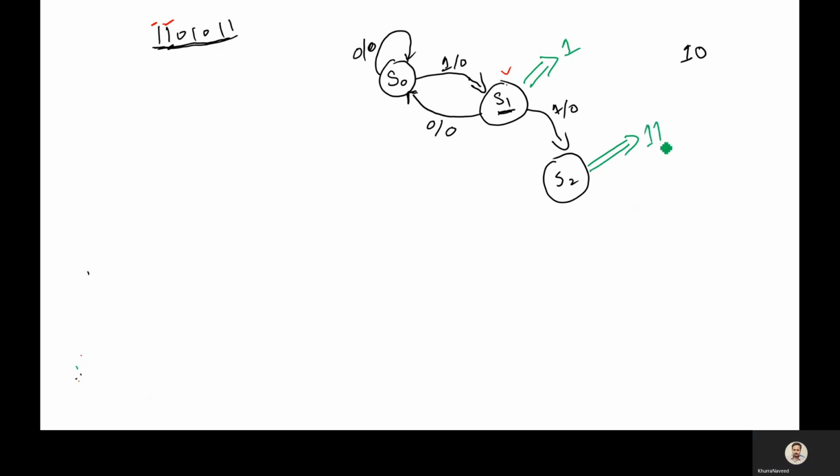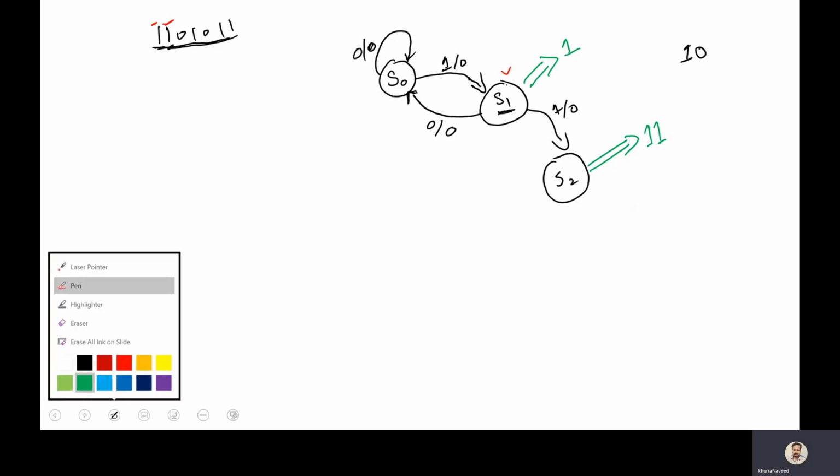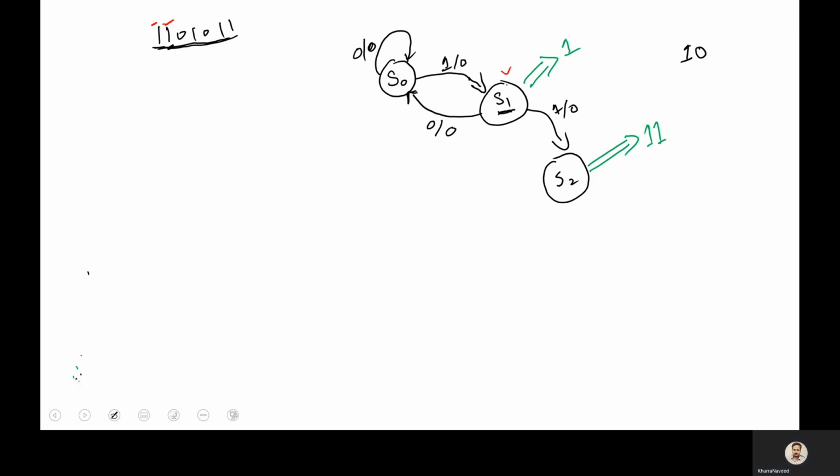Now if we are at the present state S2, and we have received 0 at the input, this means we have already detected two ones, and after two ones the next input is 0.